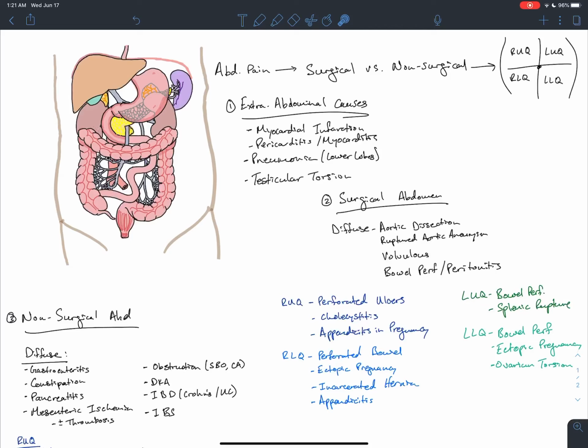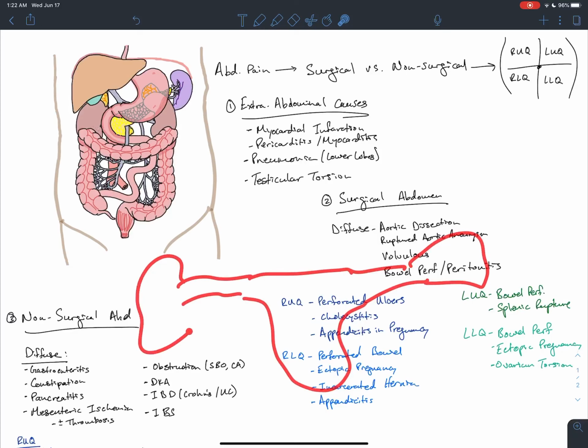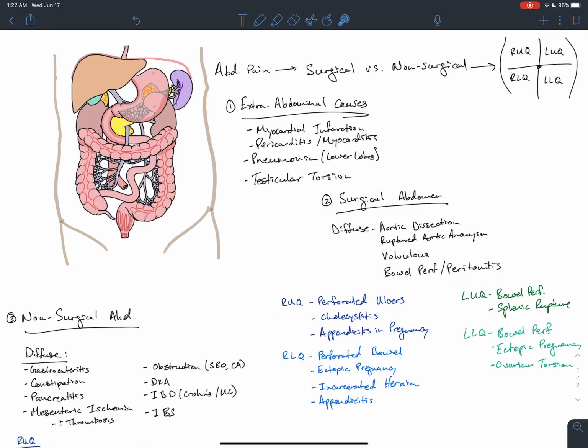And so that's one reason. The other, more pressing reason why ectopic pregnancy is in the surgical abdomen portion is because if an ectopic pregnancy is in the tubes that connect the uterus to the ovaries, so these are ovaries here, those tubes can't support an actual pregnancy.